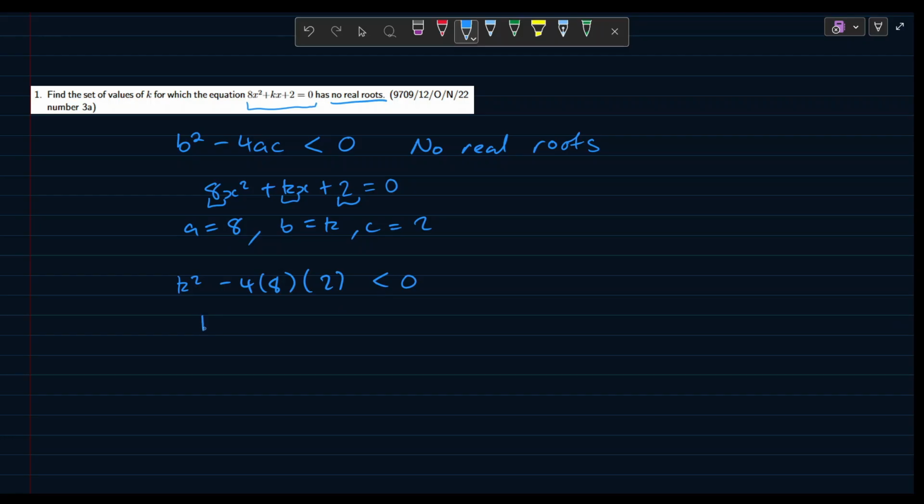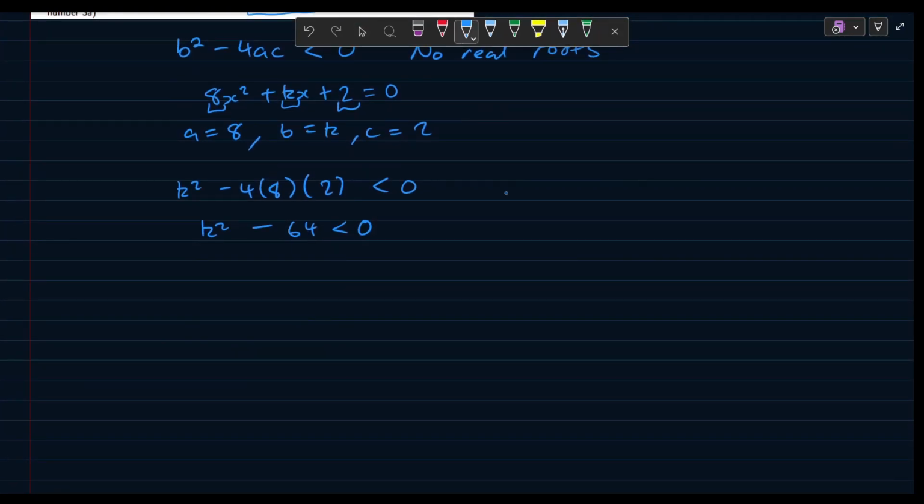So you get k squared minus, that's 4 times 8, which is 32, times 2, that's 64, and this is less than 0. So now we end up with a quadratic inequality, and we're going to solve this how we typically solve quadratic inequalities. For a quadratic inequality, you're going to first equate this expression, the quadratic, to 0 and find its roots.